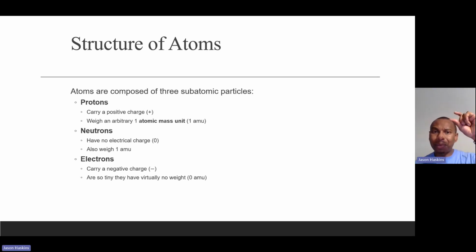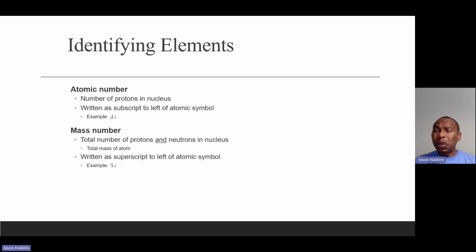So the number at the top is our atomic number, representing the number of protons. The number at the bottom is going to be the atomic mass. That's going to represent the total number of protons plus neutrons that are inside of that nucleus within that atom. So we looked at the subatomic particles.